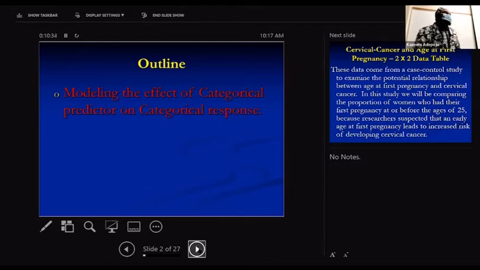It's either a suspect commits a crime again or does not commit a crime. That's a categorical response. If you now want to look at the role played by gender, male or female, that is another categorical predictor. How can I look at the effect of a categorical predictor on the categorical response? I want to look at the effect of gender on the probability that a convicted suspect will commit a crime again. In that kind of situation, you're going to use analysis of categorical data.